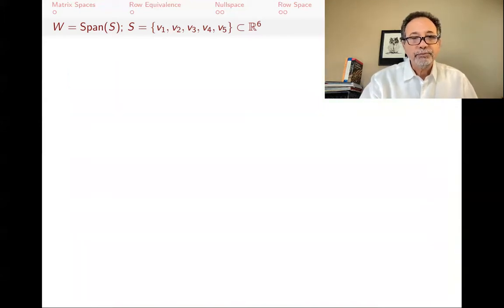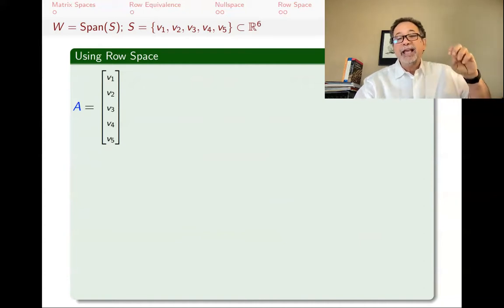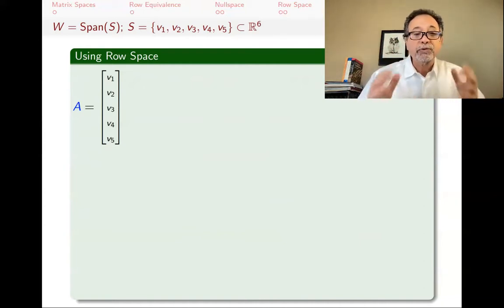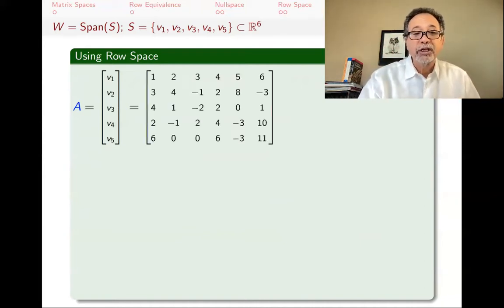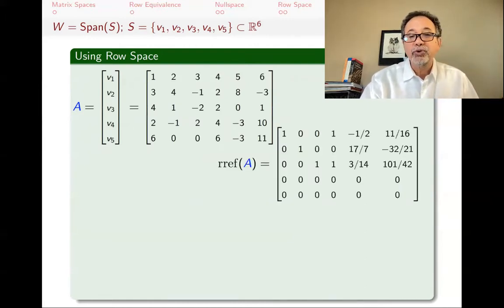Okay, so let's do that. The first thing I want to do is use the row space. So I'm going to write again a matrix A, whose rows are those 5 vectors of interest. There it is again. This time I'm going to find its reduced row echelon form, and I got a computer to do that for me.